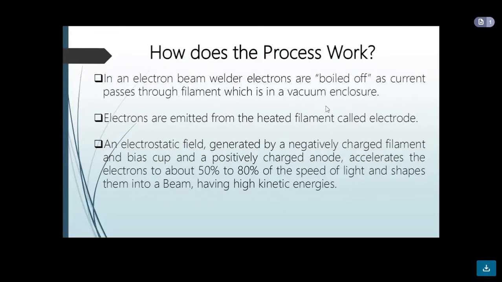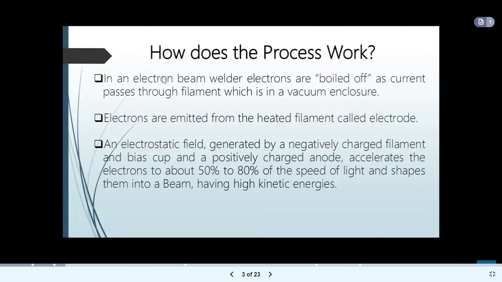Means overall this procedure will be conducted in a vacuum chamber, because if this process works in an open environment, then the surrounding particles will affect this process, and the electrons that we generated will not get accelerated and will not get focused. So this process should be done in a vacuum chamber.